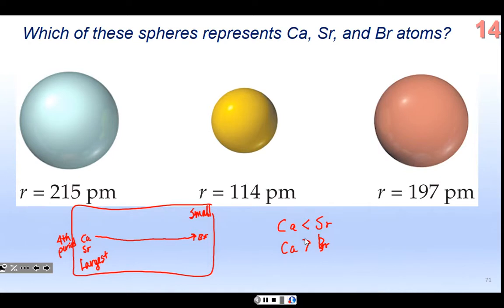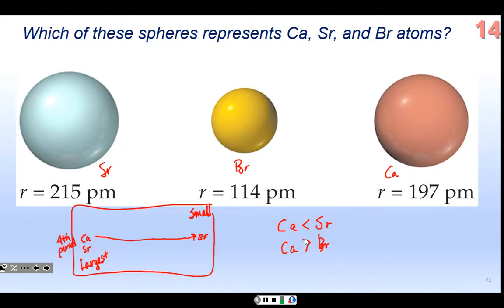So the smallest one should be bromine, and then we have to decide between the other two which one should be calcium or strontium. Well, the difference isn't huge, but the one that's smaller better be calcium, and the larger one better be strontium, because it's going to be one more shell larger, but it's surprisingly not huge in the difference in the radii.